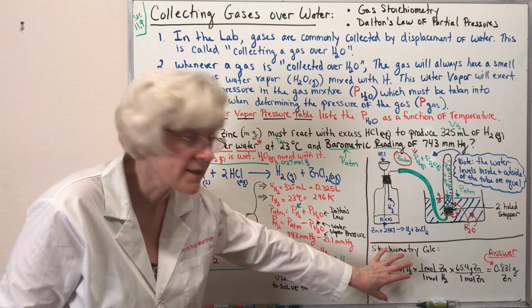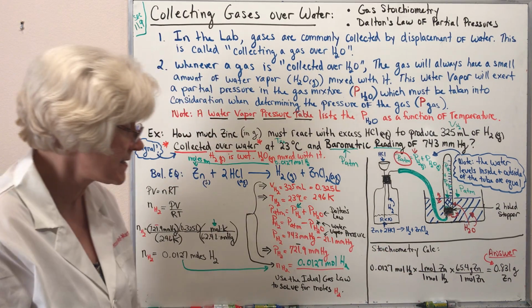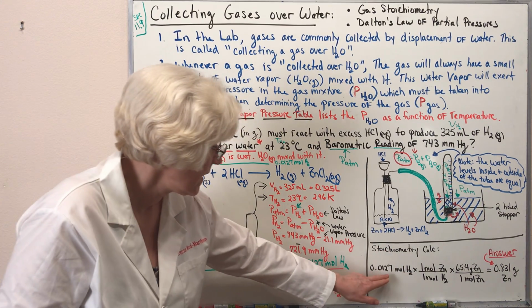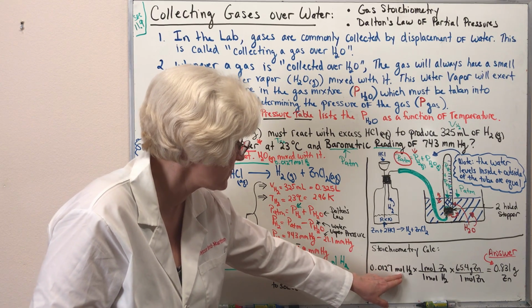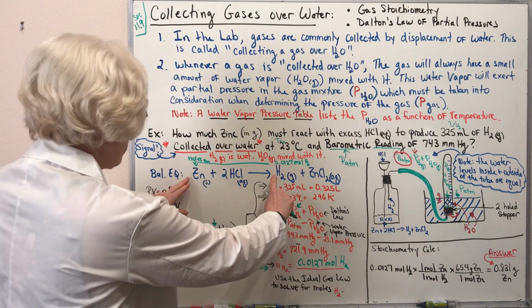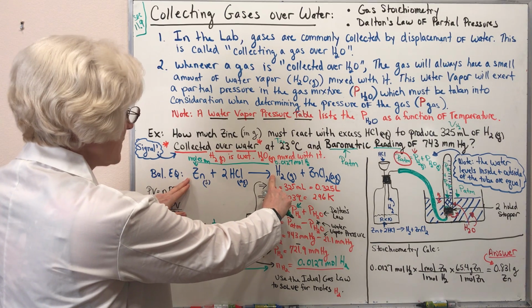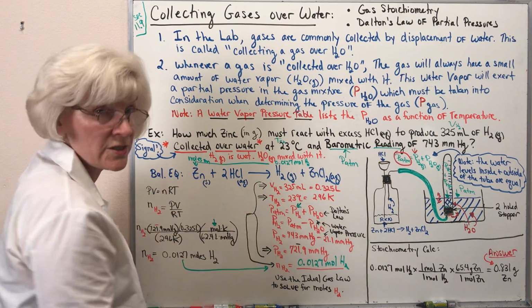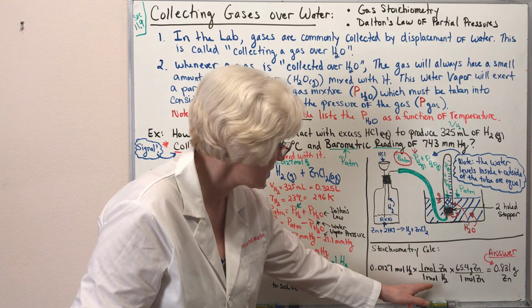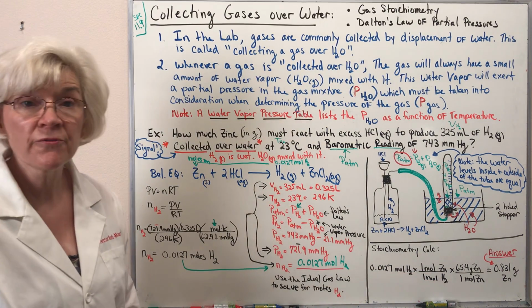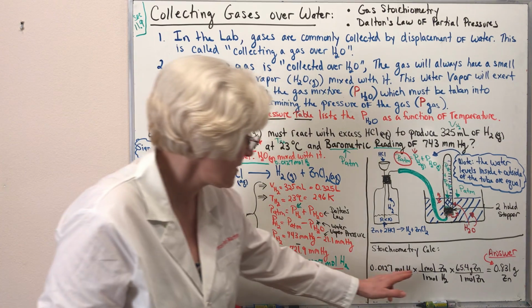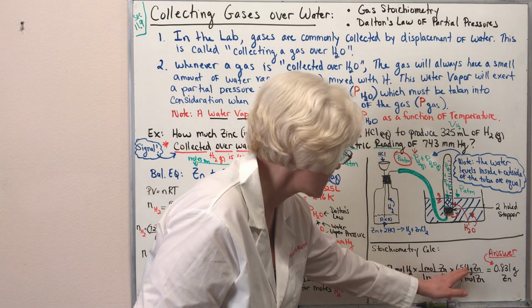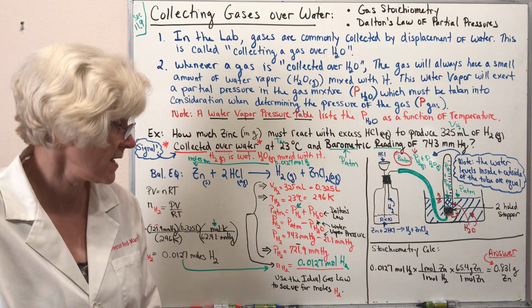So over here in the little bit of board space I have left, here is my 0.0127 moles of hydrogen. Using the mole to mole ratio from the balanced equation, which is 1 to 1, 1 mole of zinc reacts for every 1 mole of hydrogen gas produced, and then converting from moles of zinc into grams of zinc.